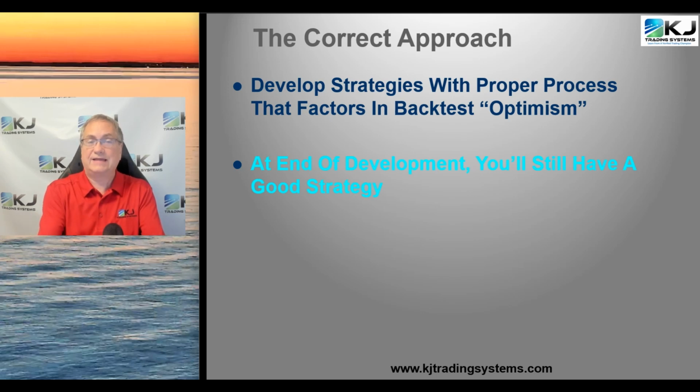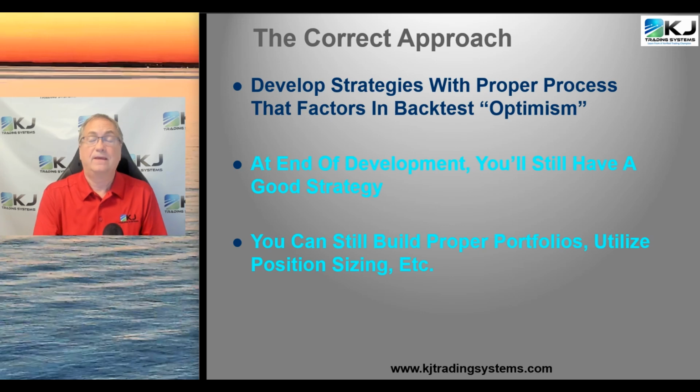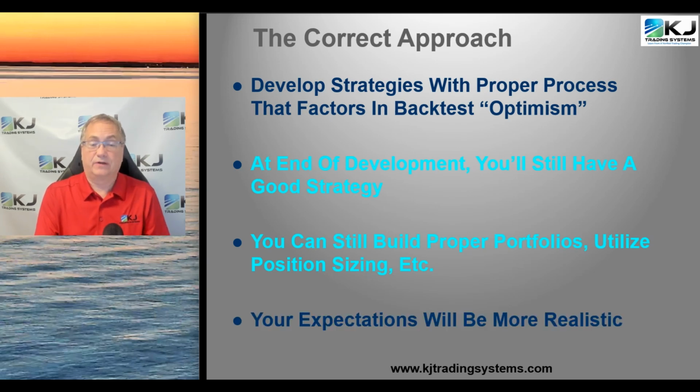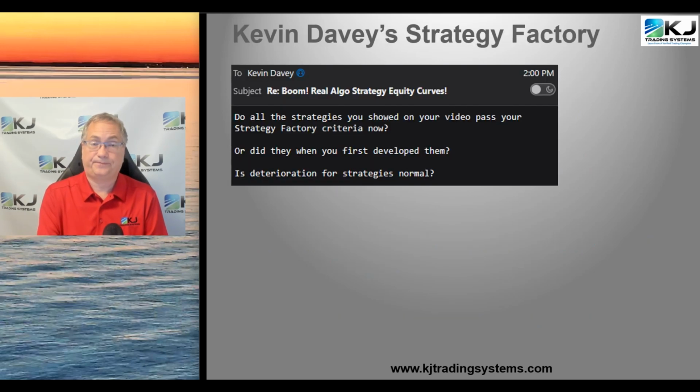You just have to realize the performance will probably change once you go live. And knowing that, you can do position sizing and portfolios and all that stuff up front, knowing what's going to happen in real time. And that makes your expectations about what will happen in real time a whole lot more realistic. And that ends up being a really good thing.